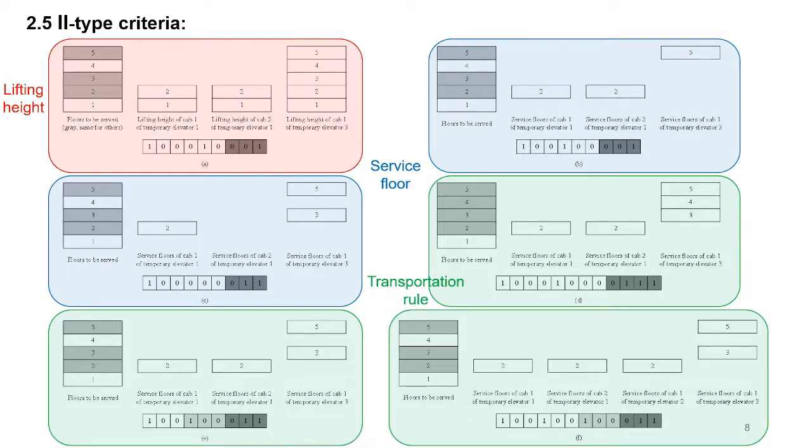As shown in the red part, the lifting height of cage 2 of temporary elevator 1 reaches up to floor 2, and it serves floor 3. In this case, floor 3 cannot be served by cage 2 of temporary elevator 1, so its chromosome is infeasible.